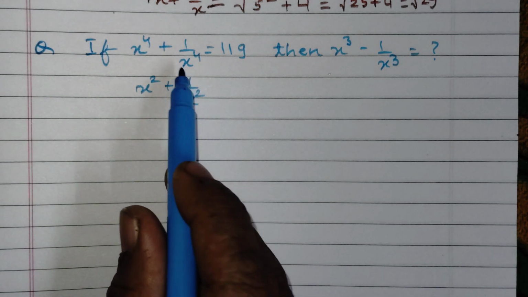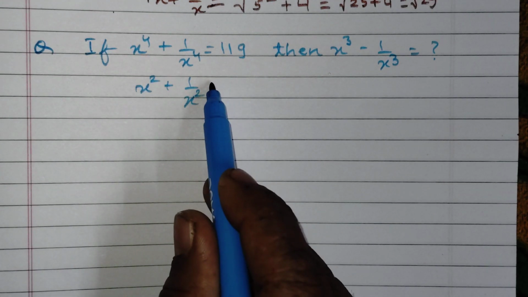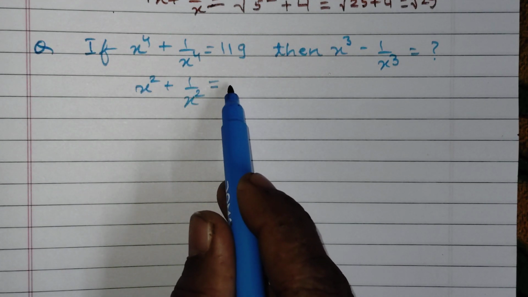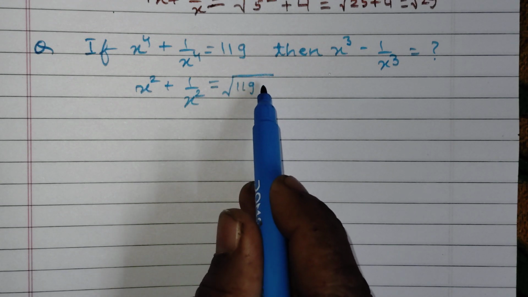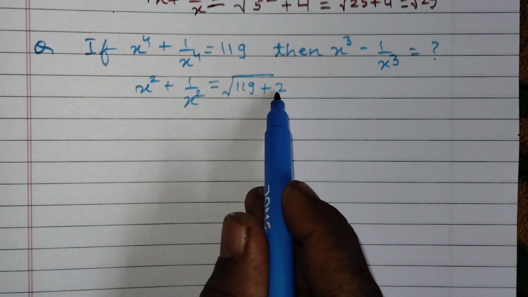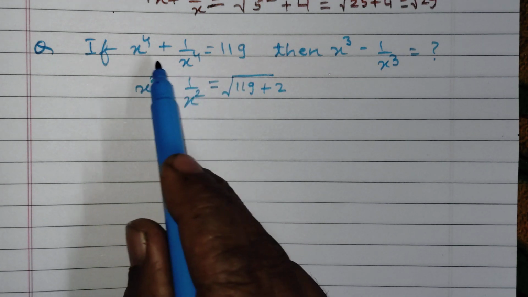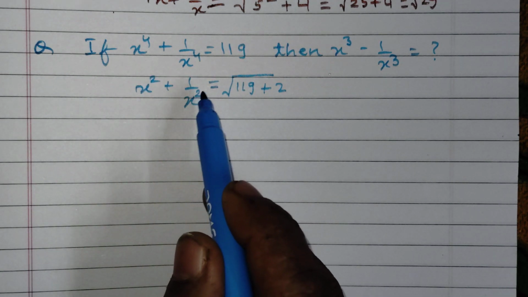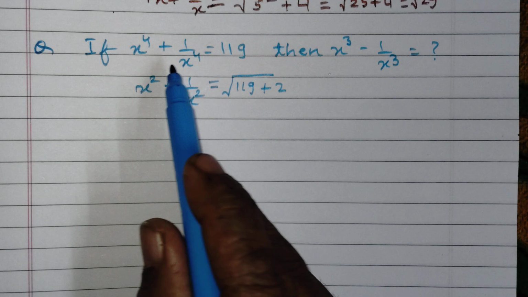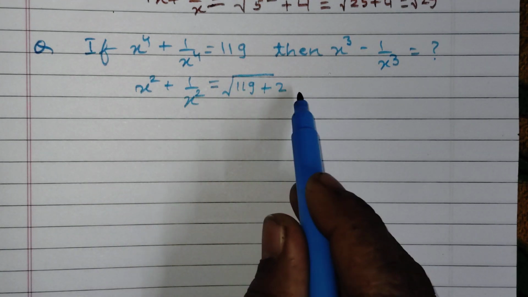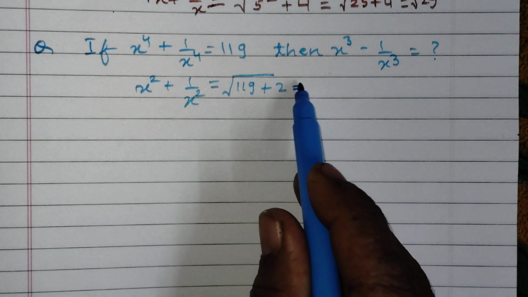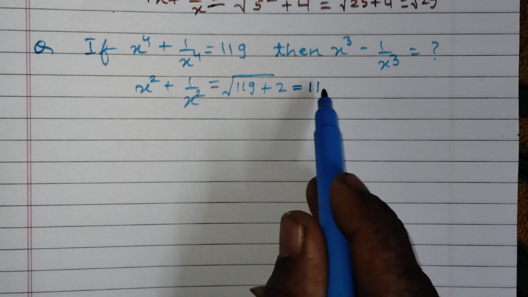It means we are making the whole square identity in plus sign. So in square root we write 119 plus 2. Adding 2 to both sides, it becomes a whole square, and squaring is removed by putting the square root sign. It becomes square root 121, that means 11.